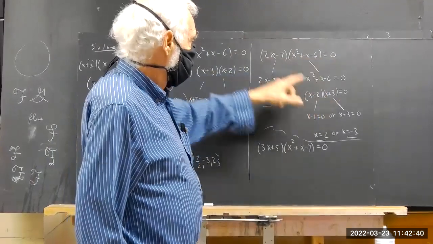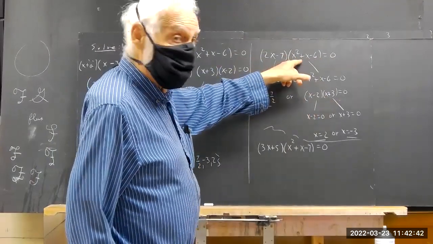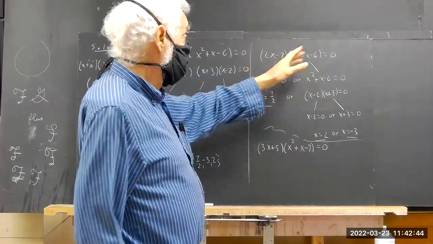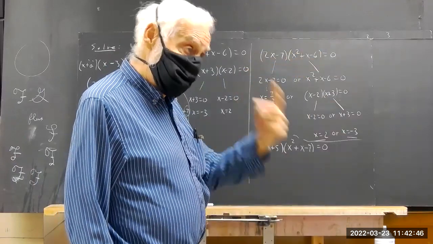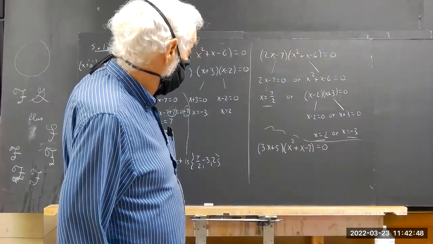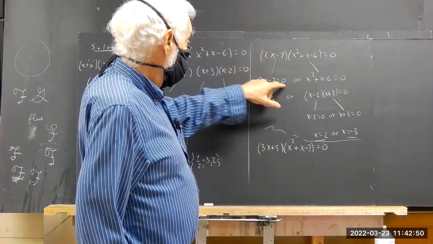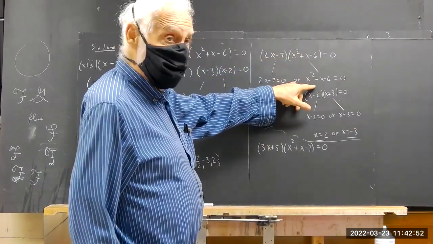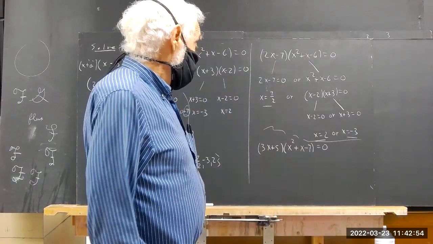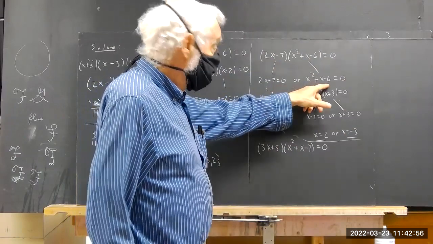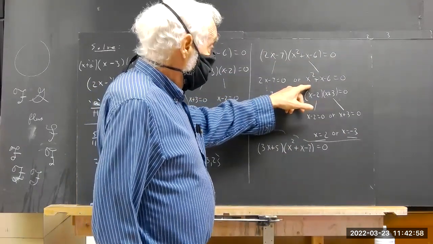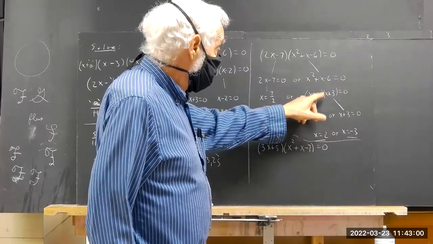Another way to solve this is to say, either this is zero or this is zero. You got two things, their product is zero. One of them has to be zero. So it splits into this equals zero or this equals zero. Okay, then, of course, this can be factored. So this equation splits into these two.